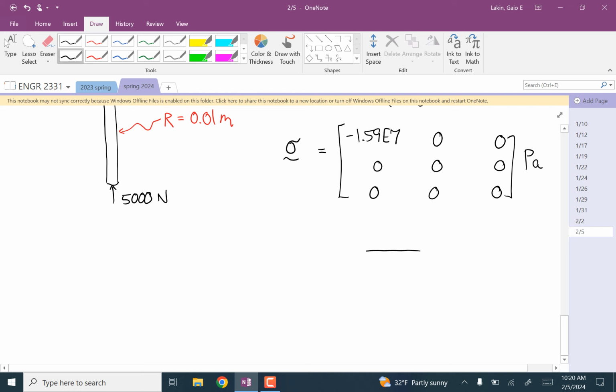And a stress cube would be 1.59 times 10 to the 7 and nothing anywhere else.